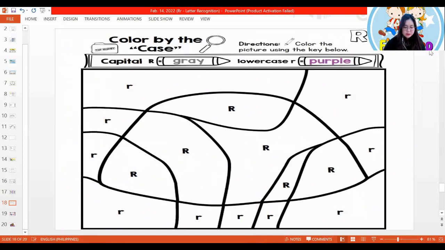So let's start with our capital letter R first. Don't forget to trace your name, okay?